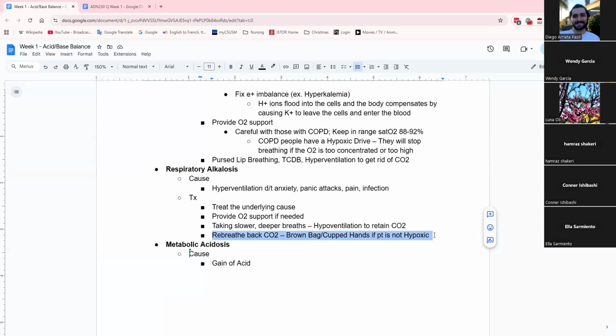While someone having an anxiety attack isn't having oxygen issues, so in that scenario, breathing back the carbon dioxide would be indicated instead. Does that make sense?